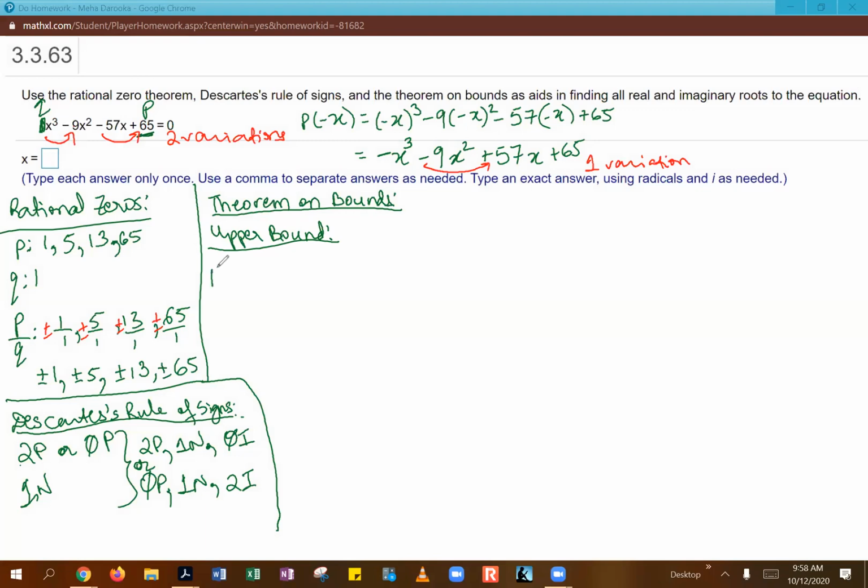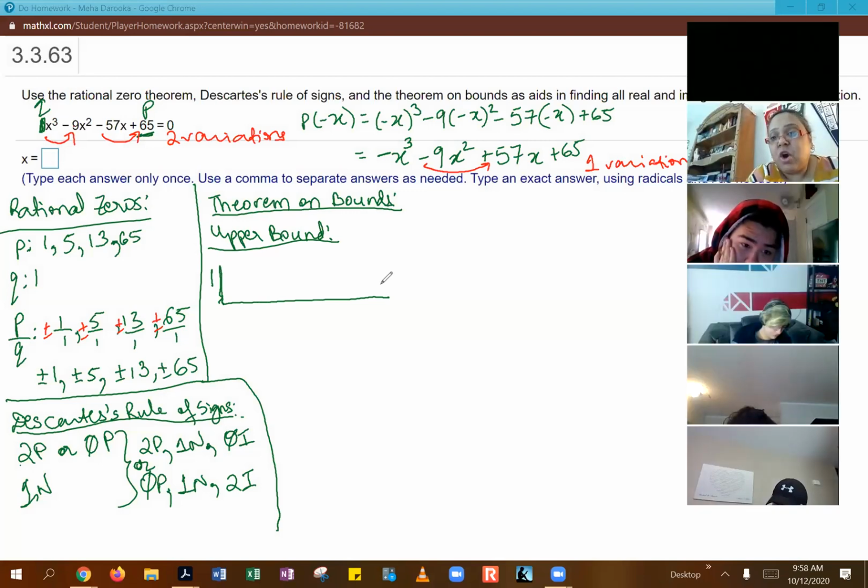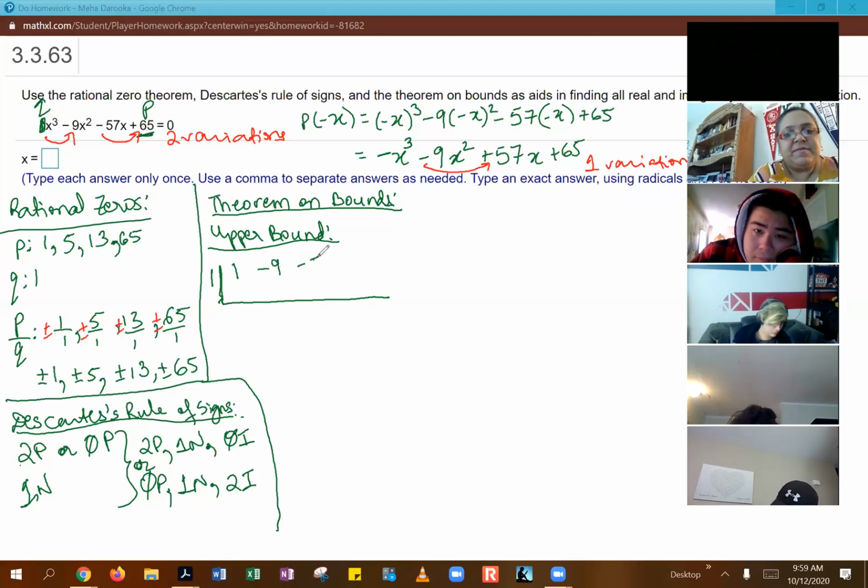And then you start dividing by positive 1 till we get to a non-negative bottom row. So let me see what you guys come up with this guy. So your coefficients will be 1, negative 9, negative 57, positive 65.